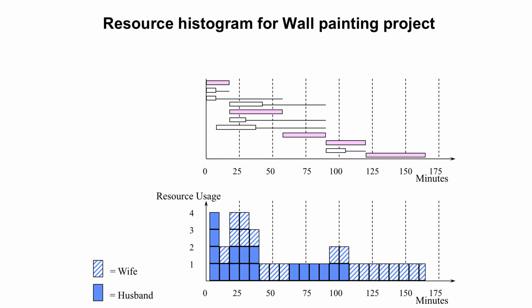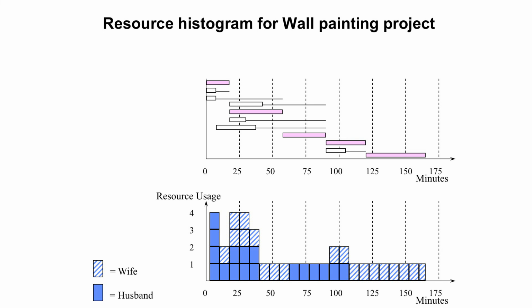Of course we can borrow the husband from the neighbor, but it is also possible to level those activities and shift them according to the floats, so that shifting those non-critical activities doesn't delay the project, but levels the resources, so that it might be possible to manage the project with one wife and one husband.